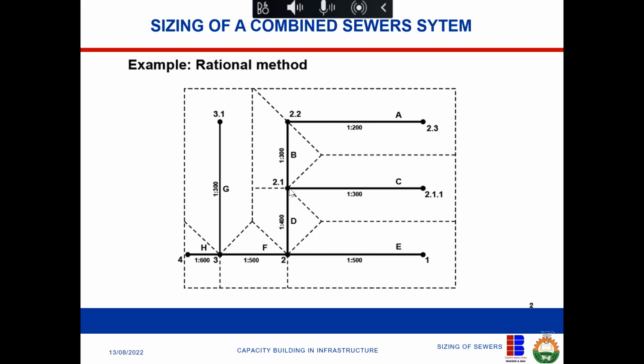Then together, they will flow into catchment D. Then the one from catchment E will join them at catchment F, while the one from catchment G will finally join them at catchment H. So that is the progression, whether it's sewer that comes from households or storm that comes from weather events.